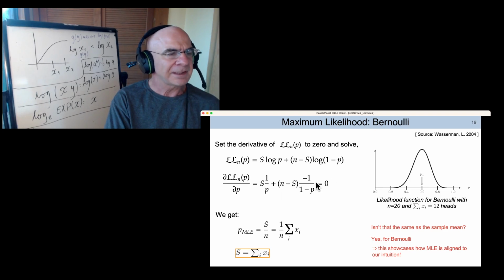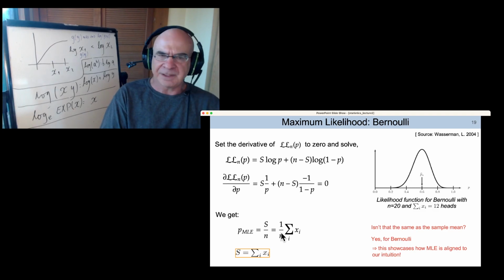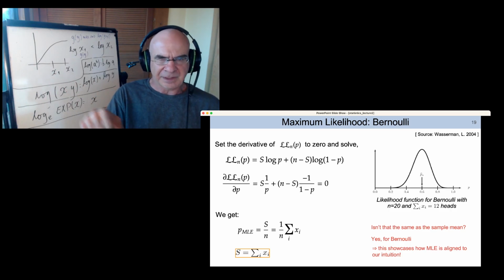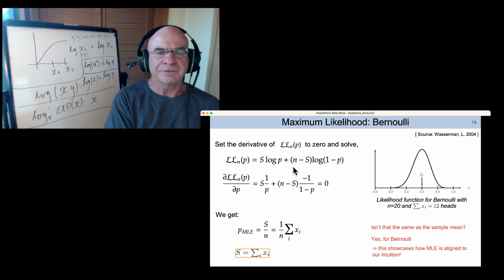That's immediately from this formula, which is what we would all guess. If out of 100 trials you had 73 heads and 27 tails, then the probability of getting a head is 73 divided by 100. But that's finally a closed proof.